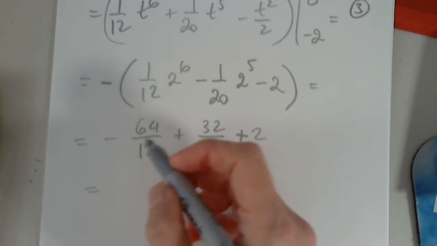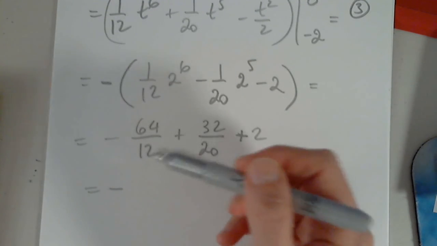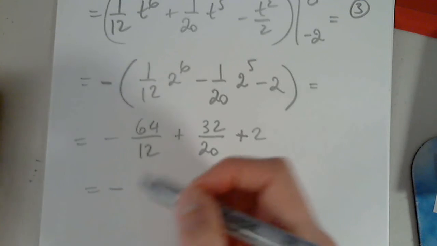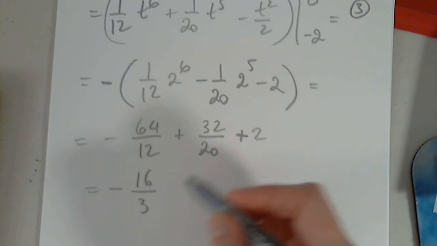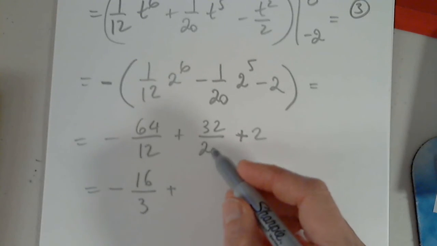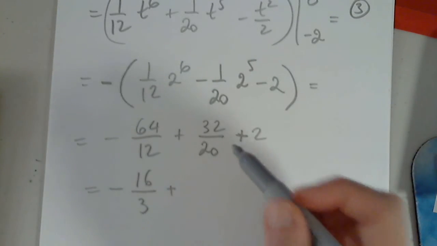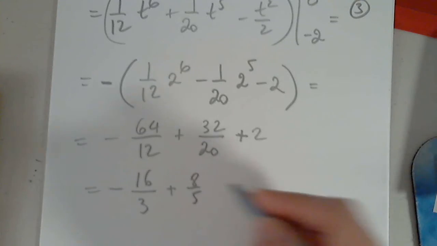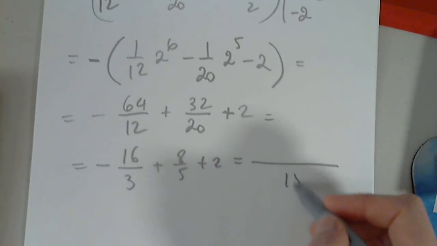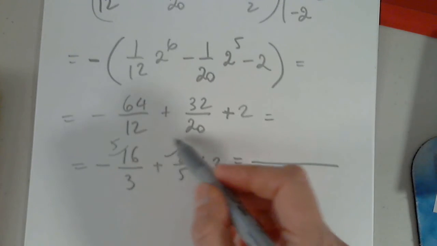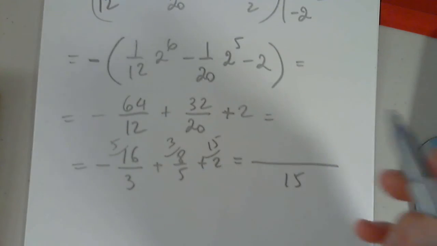Can I simplify a little bit? Yeah, by 4, 16 and 3, by 4, 8 and 5, and plus 2, 15. So 5 and 3 and 15.